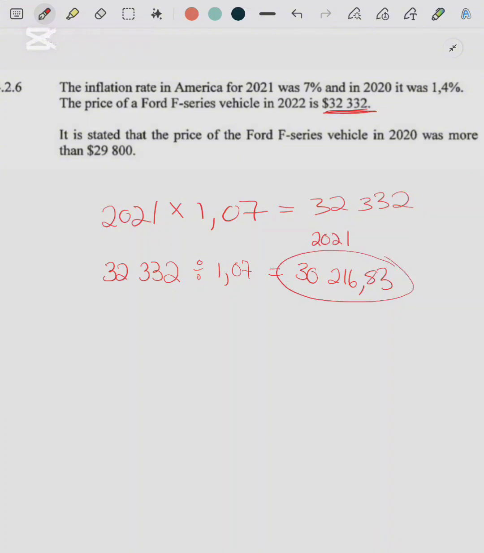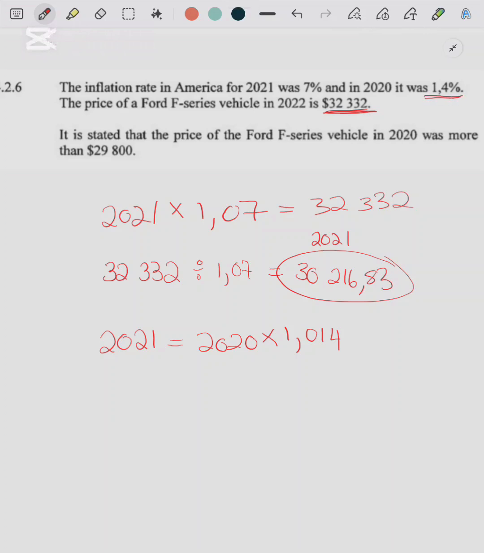Then we do the exact same thing for 2020. For 2021, they would have taken the 2020 price times by 1,014. Be careful: it's times by 0.014, and the naught is there because it's 1.4%, not 14%. Same concept.